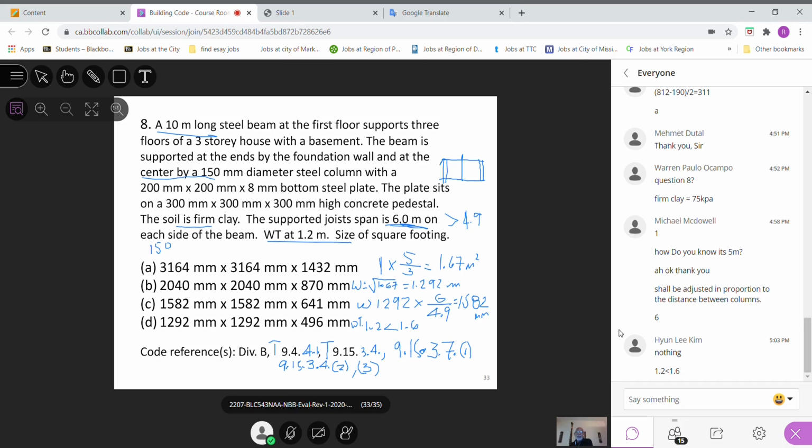Yep. So if it's less than 1.6, it means the water table is within the width of the footing. Okay. So if the water table is within, we may have to do something. But what will cause us to have to do something is the question. That is the question.